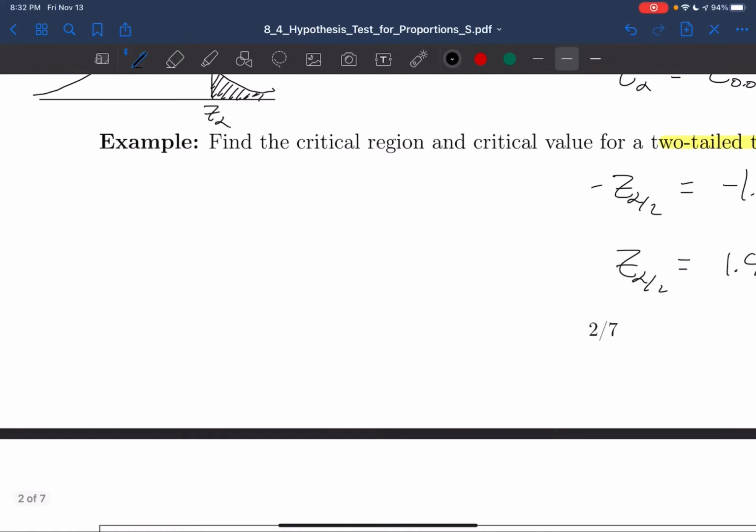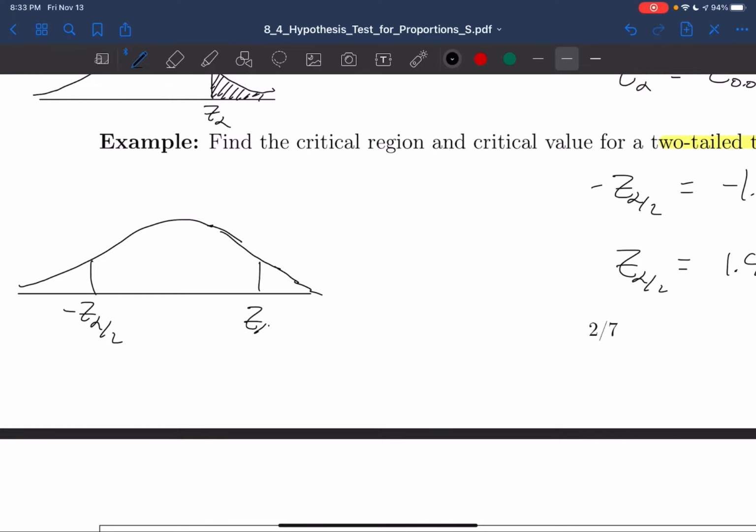And here, this will be, oh sorry, negative z of alpha over 2. And this will be positive z of alpha over 2. And then the arrow will be here.